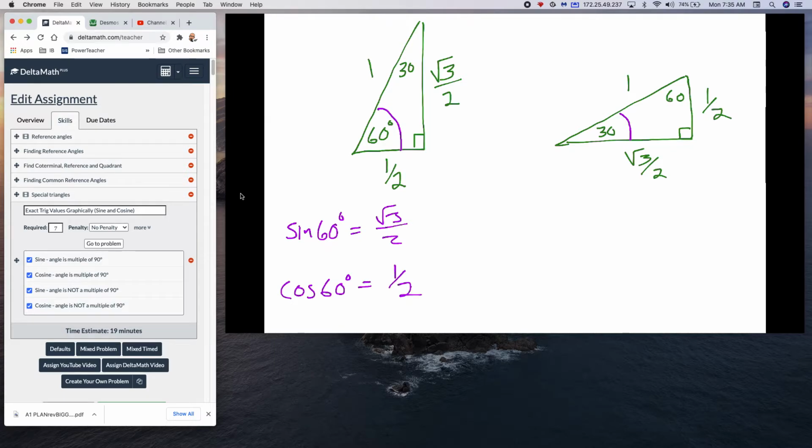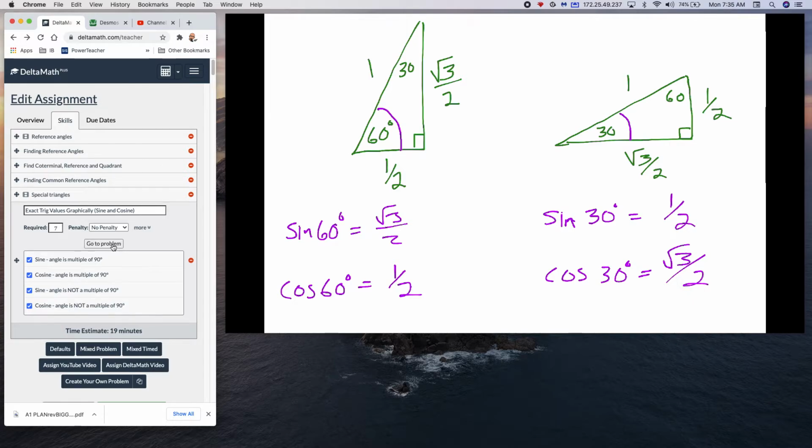But notice what happens when you check out the complement. The sine of 30 degrees is equal to 1/2, and the cosine of 30 degrees is equal to the square root of 3 over 2. So we have these different sides.